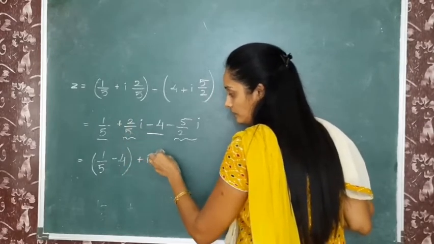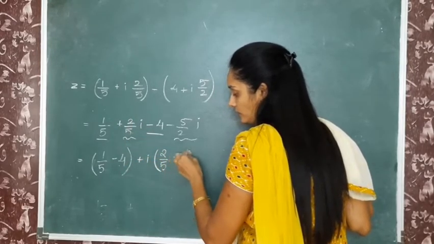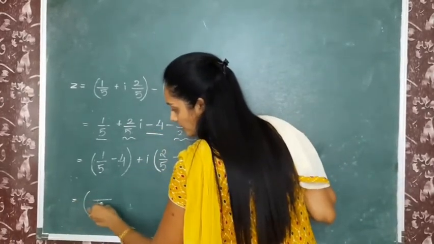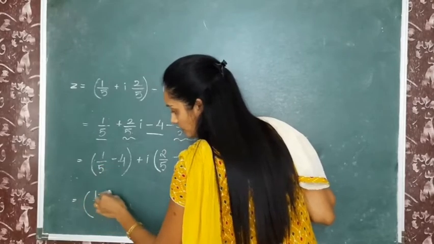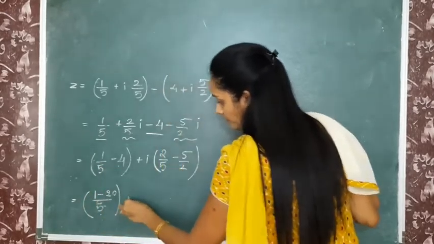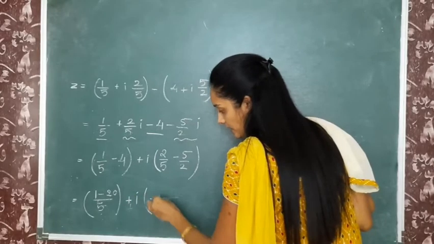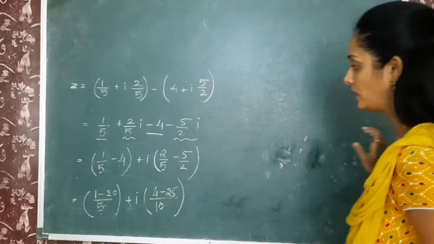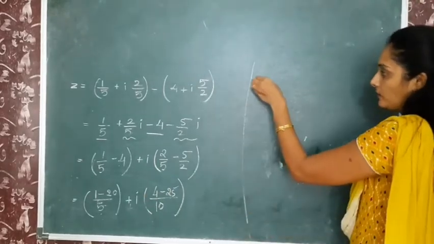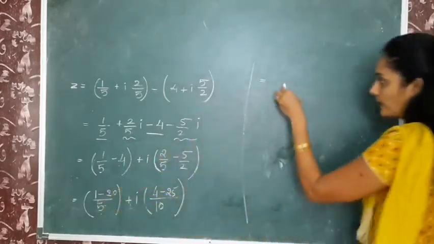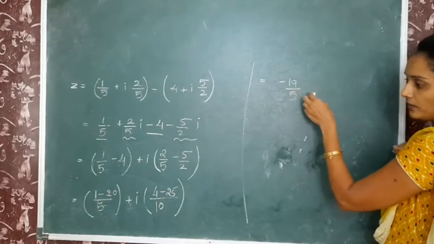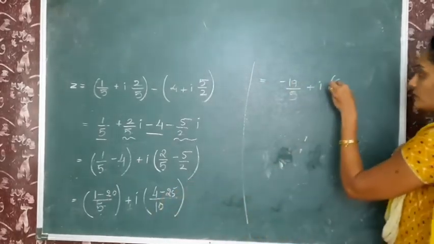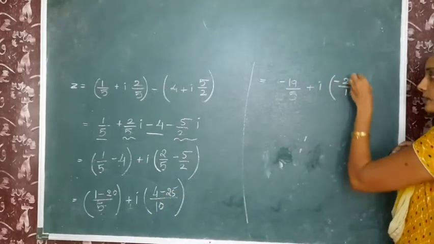So here 2 by 5 minus 5 by 2. We can take 5 as LCM, so 1 minus 20, plus i, here 10 is the LCM, so 2 2s are 4 minus 25. Now 1 minus 20 is minus 19 by 5, plus i in the bracket, 4 minus 25 so minus 21 by 10.